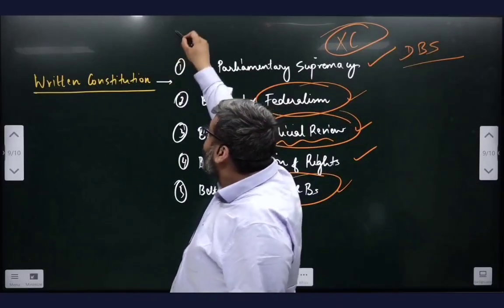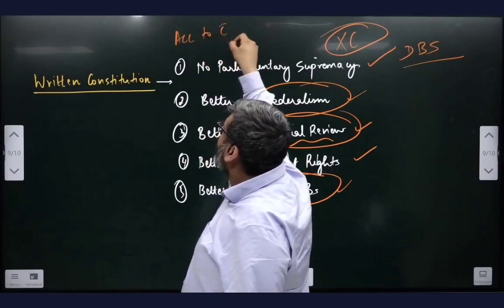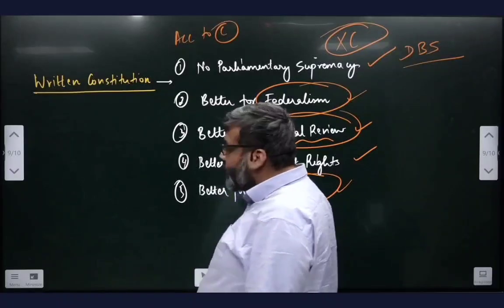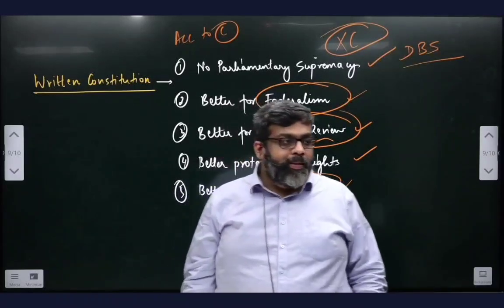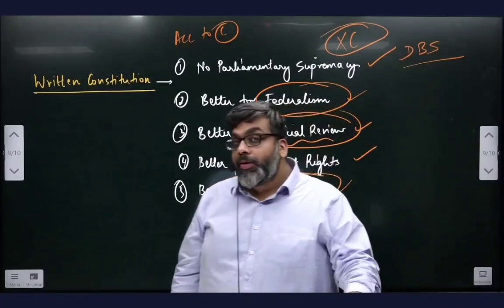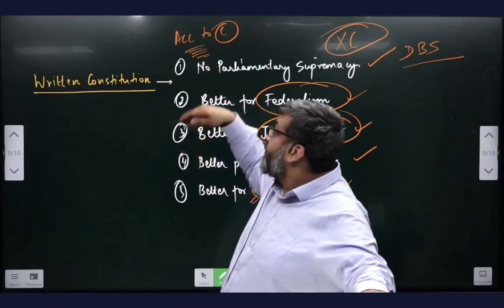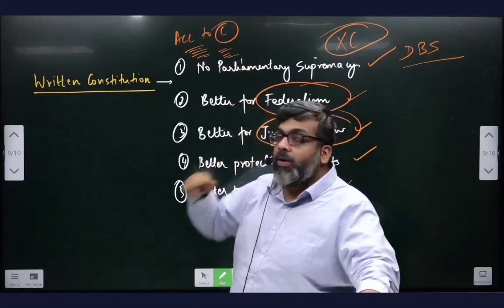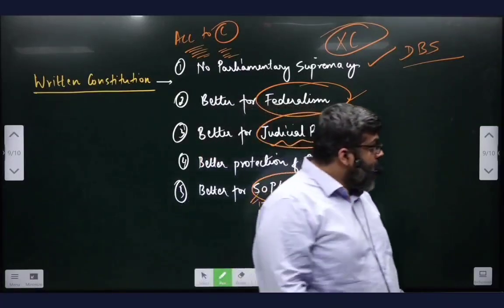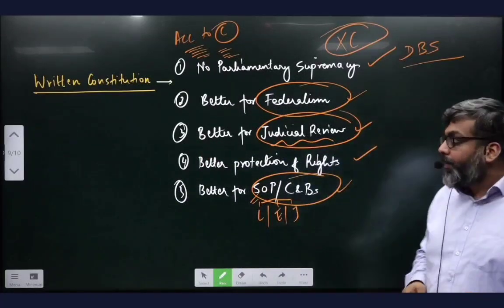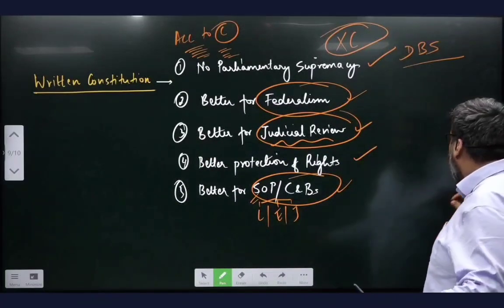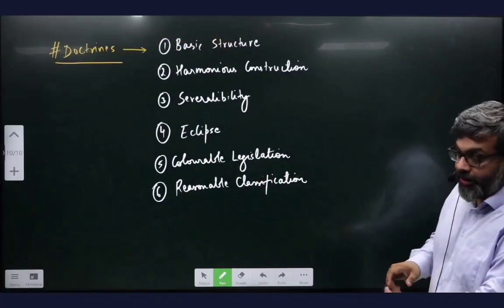So if your question says, according to the constitution, separation of powers is keeping the branches of state separate, it would be a wrong statement, because according to the constitution means explicitly according to the constitution. And this takes care of your primary advantages of what is called a written constitution.